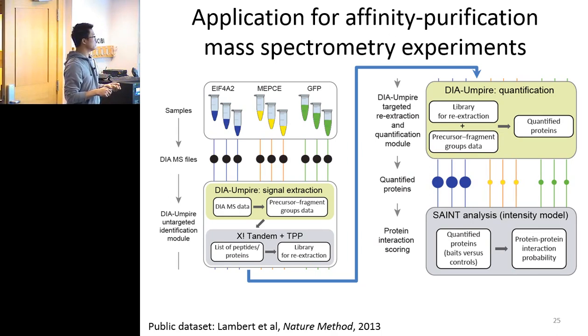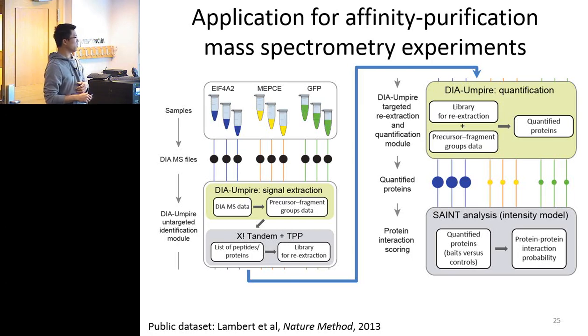But if you want to monitor the whole protein-protein network, you need to capture a lot of different proteins to build that network. And you also need to do the control experiment, because there are different contaminants or non-specific binding. So you need to do the control experiment using different strategies.